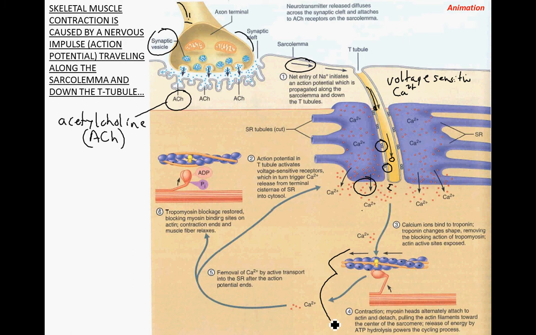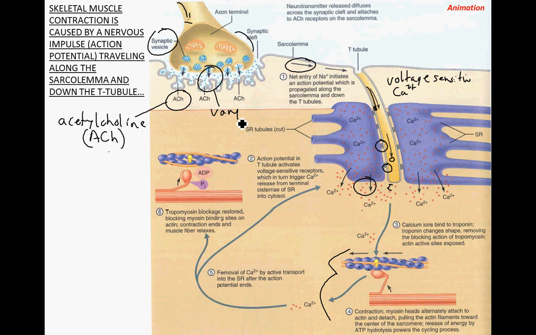Okay. I want to point out that if acetylcholine is present, you get all this happening. If acetylcholine is not present, then you don't get this happening. So a way to regulate this would be a way to vary the acetylcholine that's in the cleft right there. If the acetylcholine stays put, then you're going to get constant muscle contraction. If you don't have enough acetylcholine released, then you're not going to get muscle contraction.